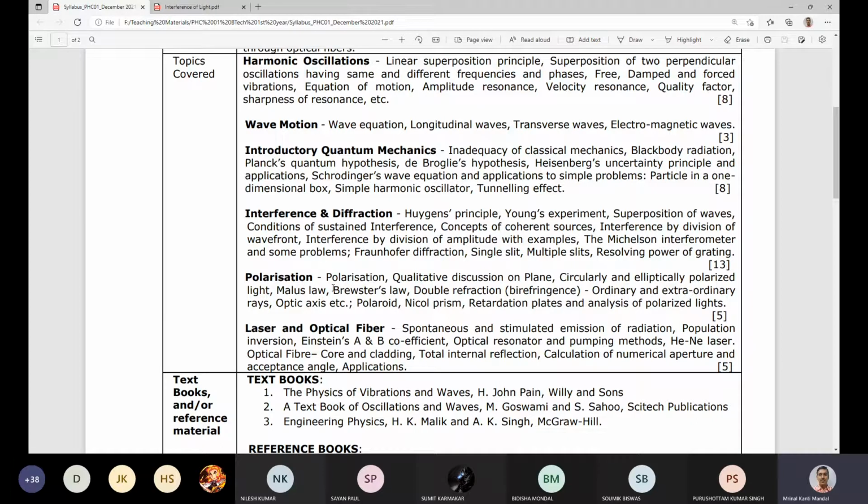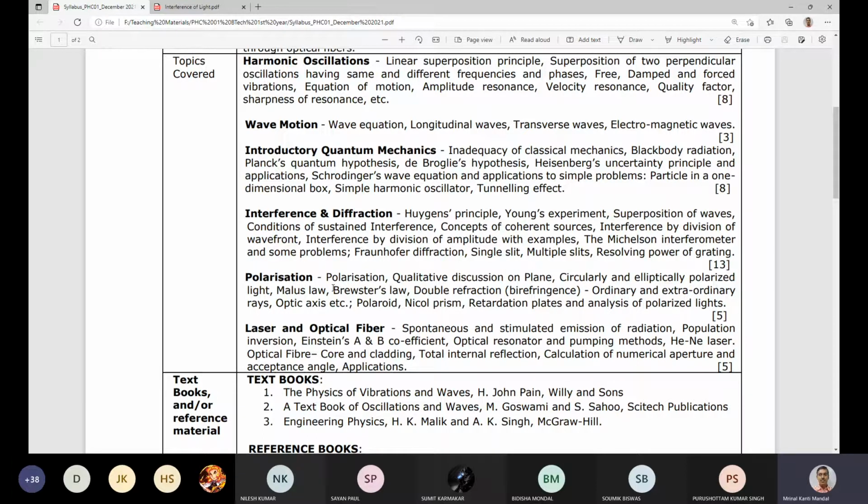And next is laser and fiber optics. It will include the transitions, mainly two categories: spontaneous and stimulated emission of radiation, population inversion, Einstein A and B coefficients and their relationship, optical resonator, pumping method, helium neon laser.